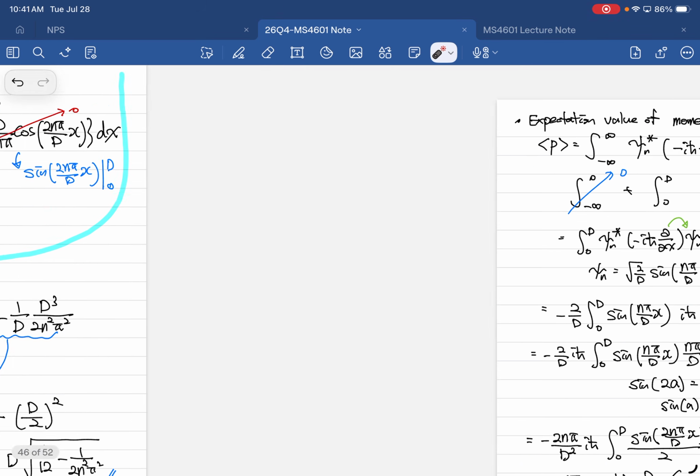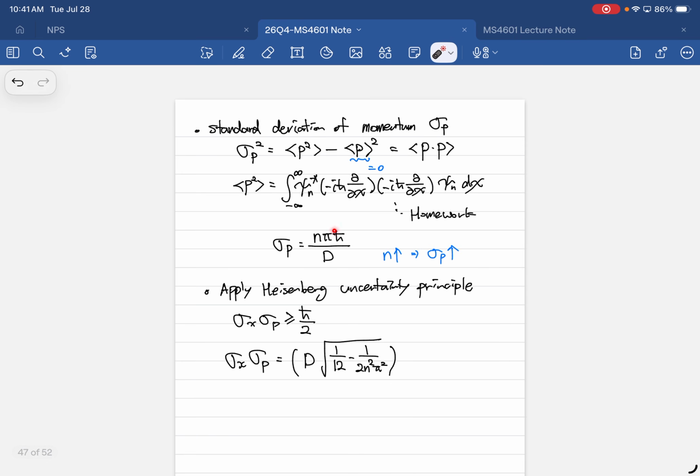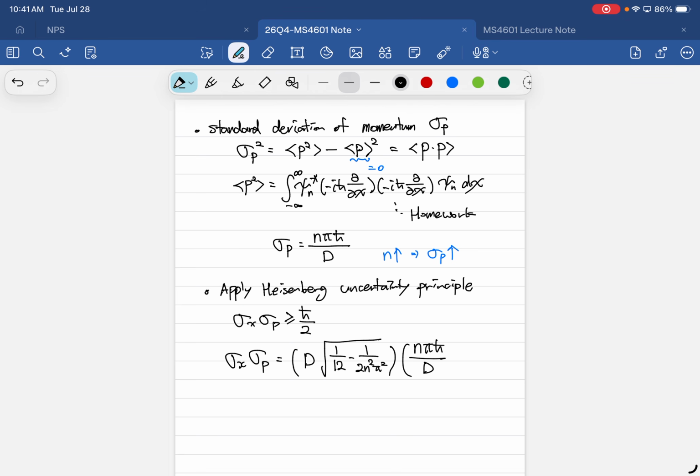And sigma p we already obtained from here, which is n pi h bar over d. Again, this is just for the infinite potential well.